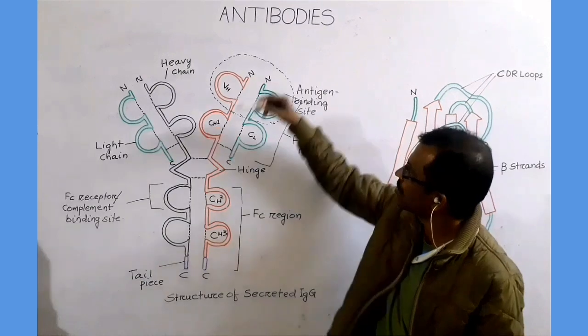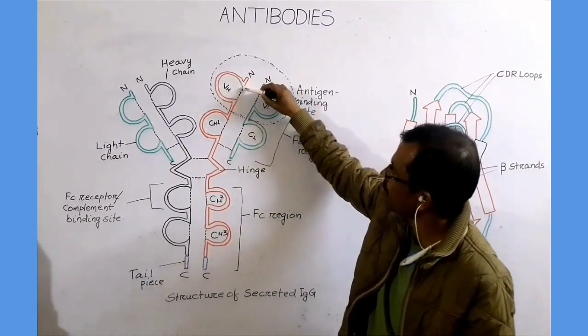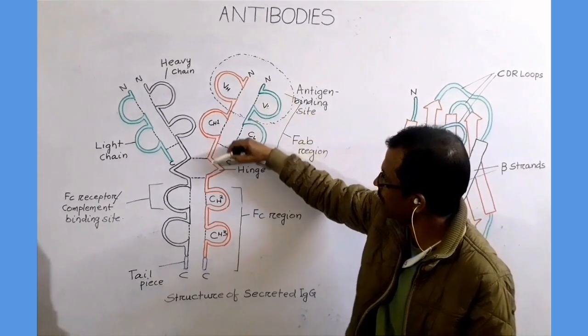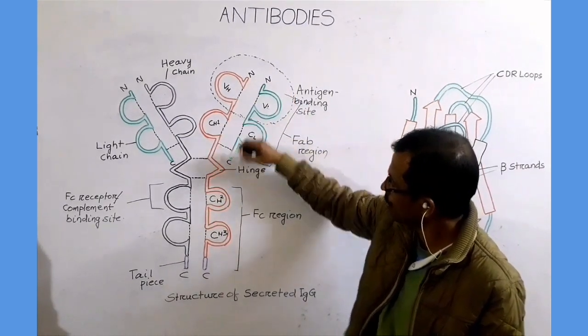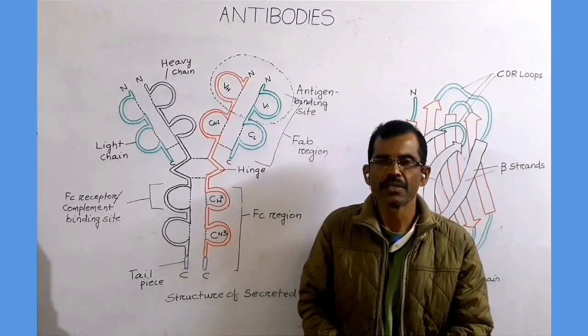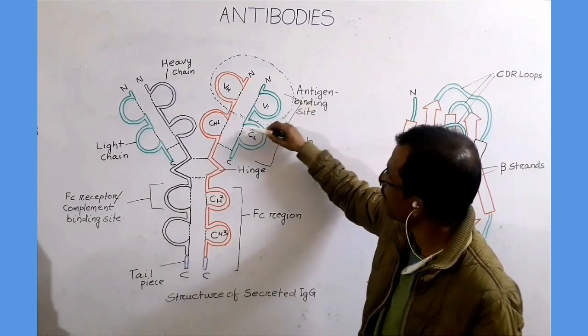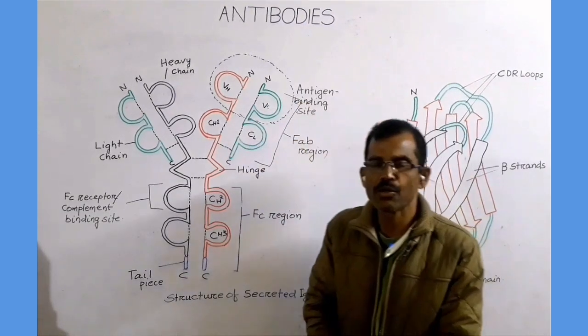The V region of the heavy chain is composed of one Ig domain and the C region is composed of 3 Ig domains. Similarly, the light chain is composed of one variable domain and one constant Ig domain.